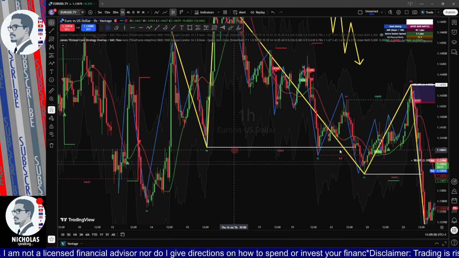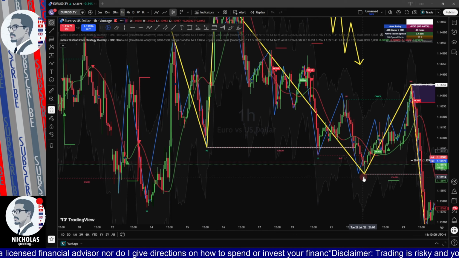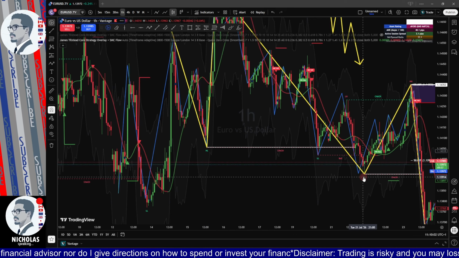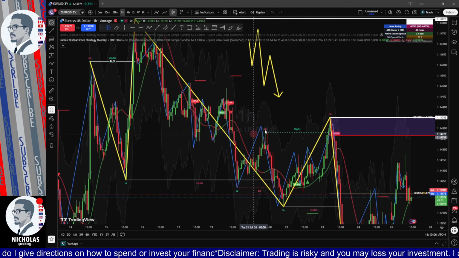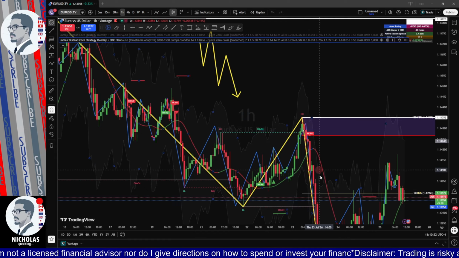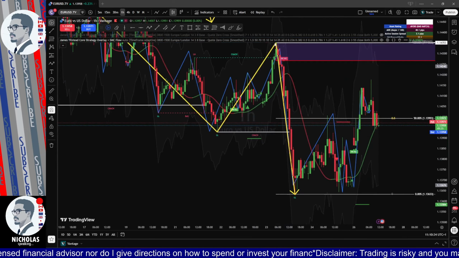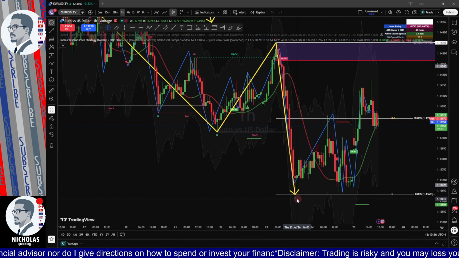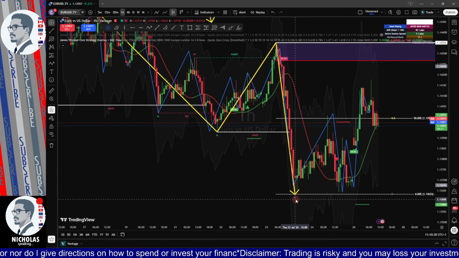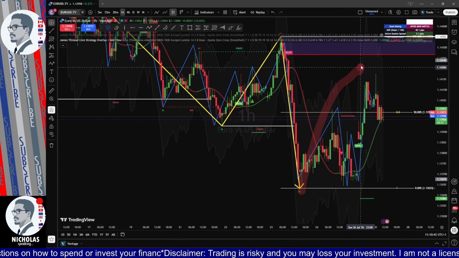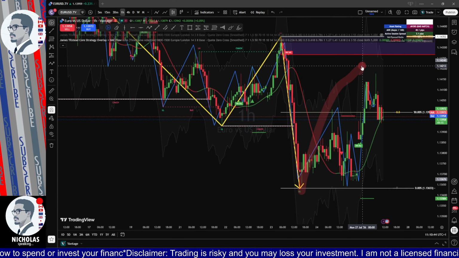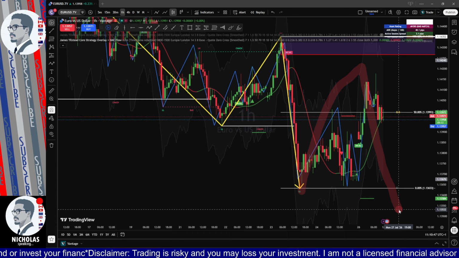It is now a change of character. Hence, we're looking at price to make a lower high, right? You see price pulls back. It's called a higher low because of the tolerance level. And then price made a lower low. So now we are expecting a higher low, and then after a higher low, we are expecting a lower low.